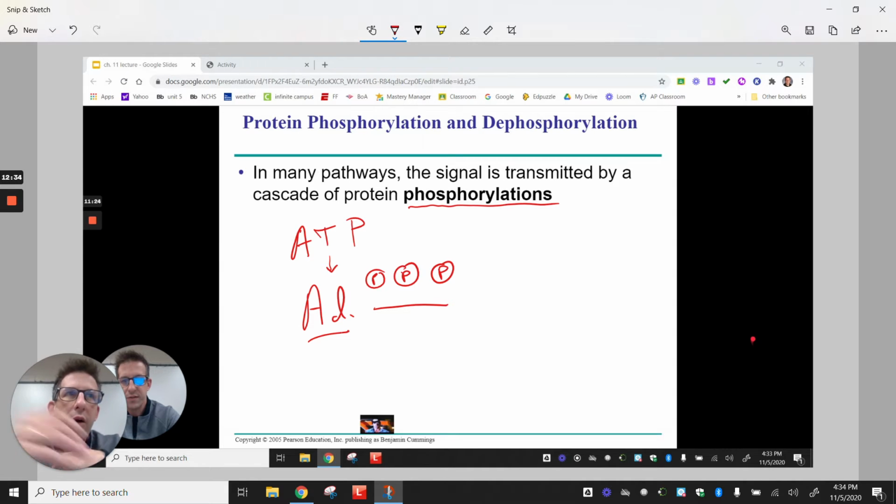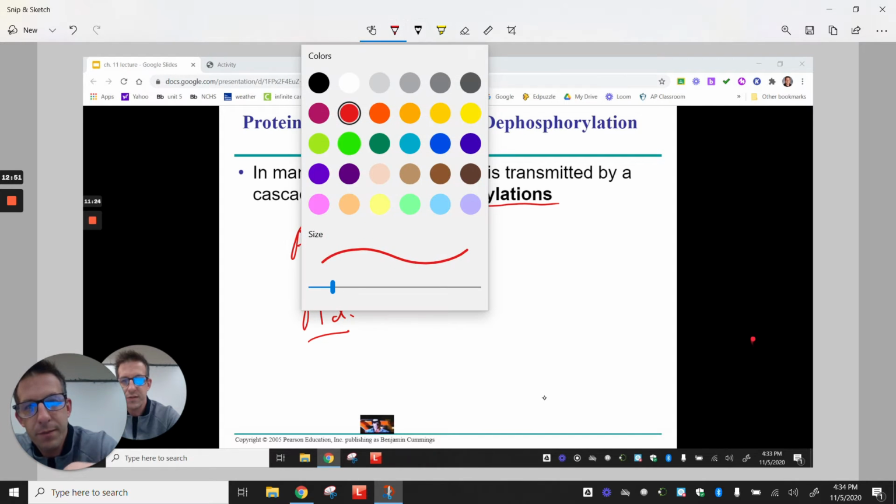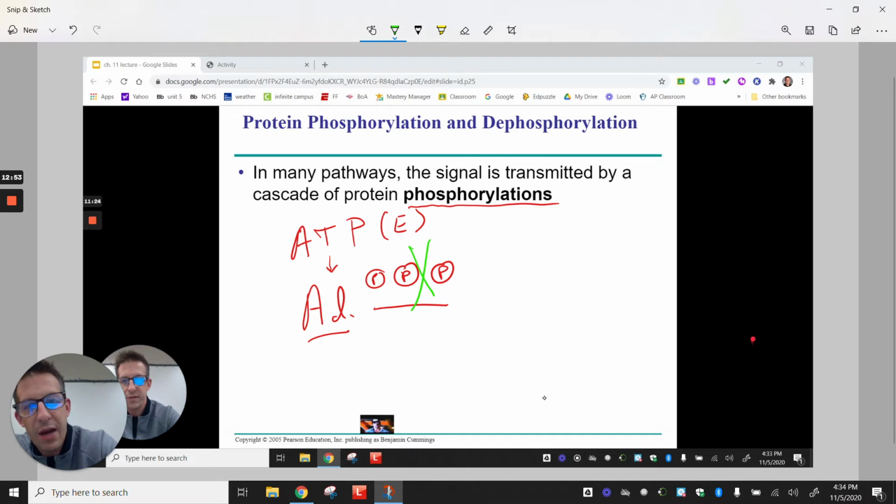Now, one of the things that we will eventually learn in chapter 8 is that if we want to harness the energy, because ATP has energy associated with it, what we actually have to do is chop off, let me change the color here, one of the terminal phosphates. And that would be this one right here. And when we do that, we effectively release the energy. We can harness the energy. We can make it do something for us.